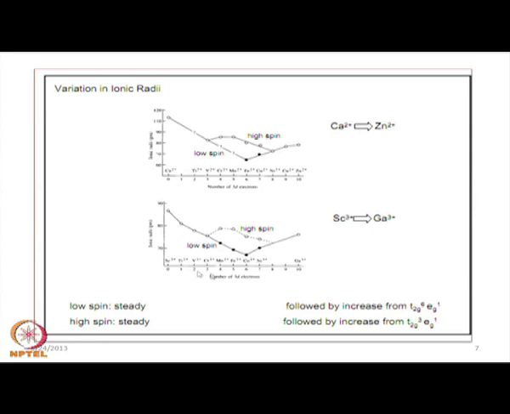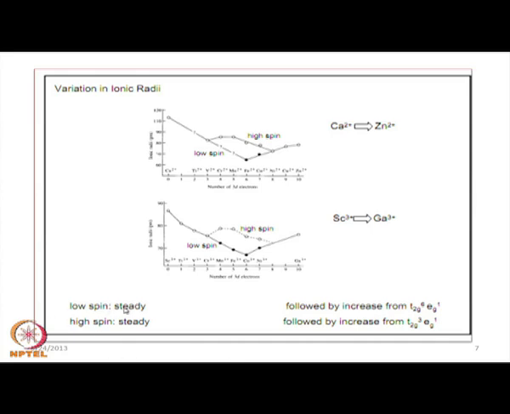So, scandium 3 plus to gallium 3 plus, again we will see not a double humped curve. For the low spin case we have only a V shaped curve, straight down over here then go up, straight down over here and then again go up.